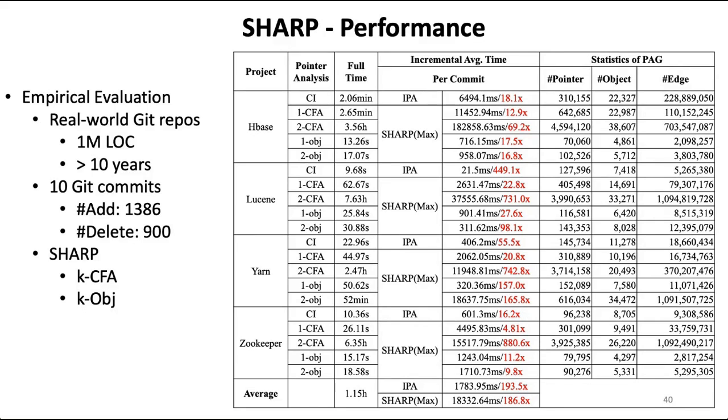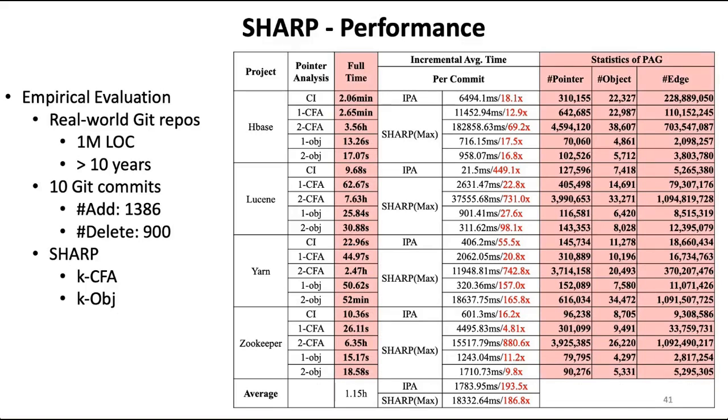To compare the performance of incremental algorithms, we run Sharp with our parallelization on the following context-sensitive pointer analysis algorithms: 1 and 2 CFA, 1 and 2 object-sensitive. Meanwhile, we run IPA with the context-insensitive algorithm.